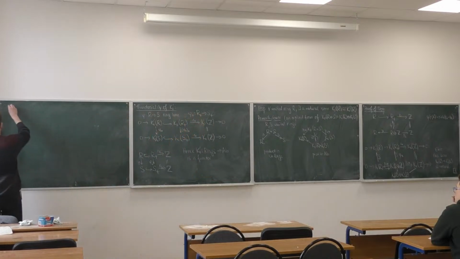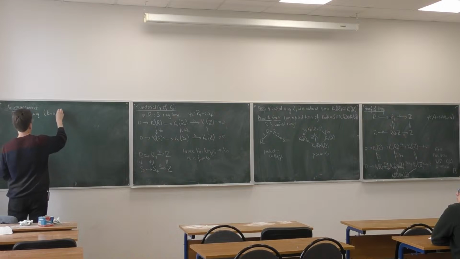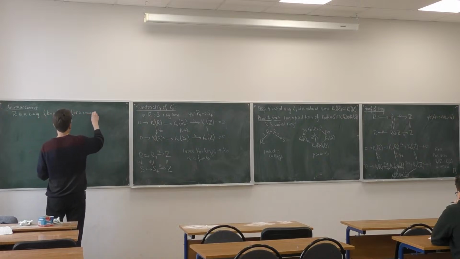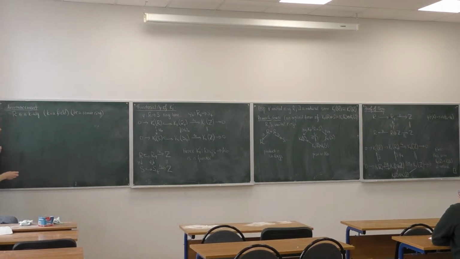And at this point, I'd like to make a little announcement. If R is a K algebra, or K is a field, or in fact K be any commutative ring, it doesn't matter, then we can define the so-called K unitization.